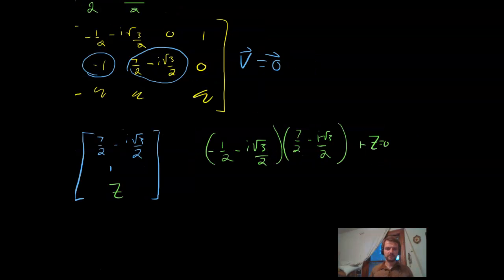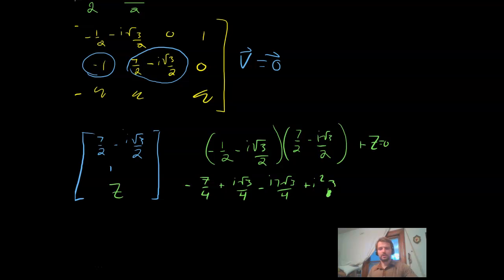Great, so in order to solve this then, we're just going to FOIL it out. And this would give us -7/4. Then we would have the outside, so it would be plus i√3/4. The inside would be minus i7√3/4, excuse me, plus i²3/4.